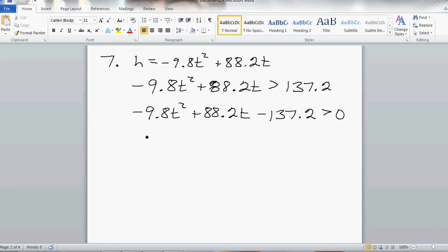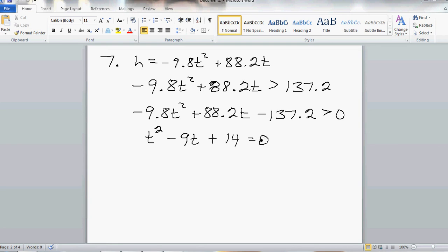So when we divide everything through by negative 9.8, it becomes t squared. 88.2 divided by 9.8 is 9. Wow, that's very nice. And dividing this by negative 9.8, 137.2 divided by 9.8 is 14.